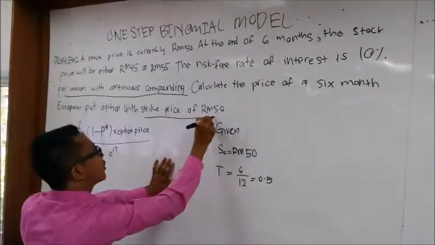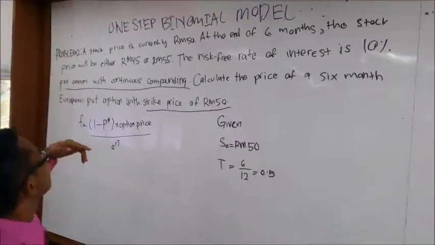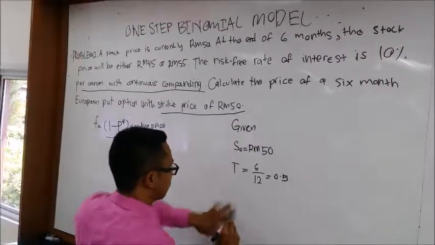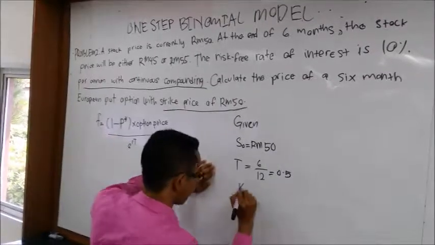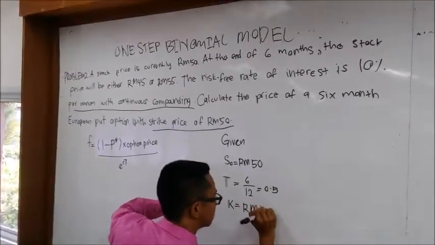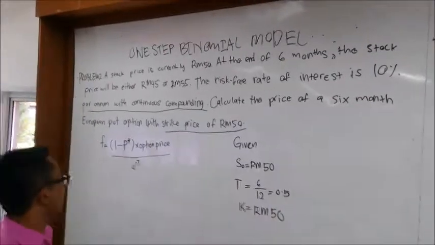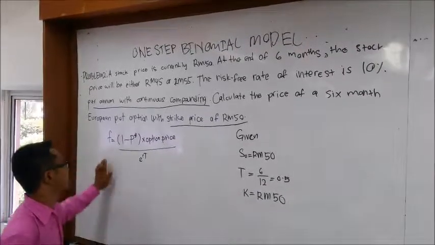The strike price is RM50, which is the same as the stock price, denoted by K, which is RM50. That's the information given, and this is the formula.